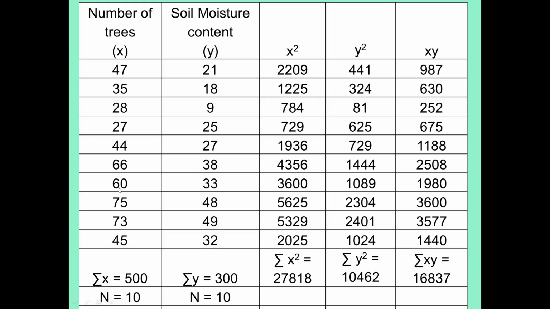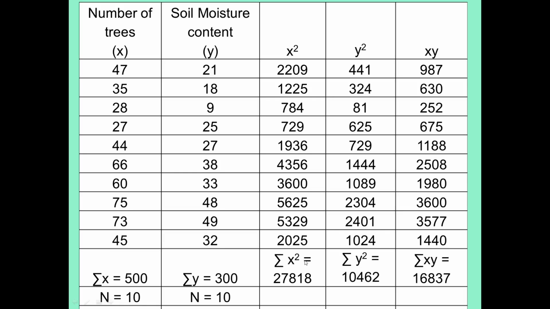Then in the first column at the end, we have to sum up all the values of x, whose summation is 500, and there are total 10 numbers, so the n is 10. In the similar manner, we have to add up all the values of y. Its summation is 300 and the total number of observations are 10.